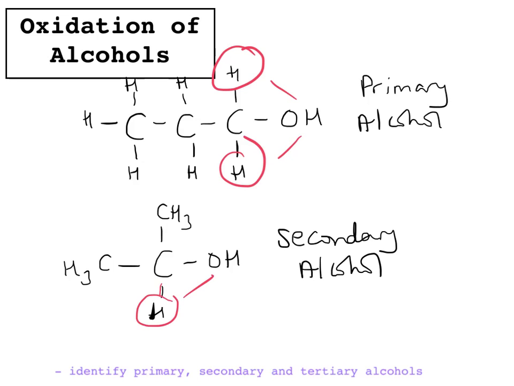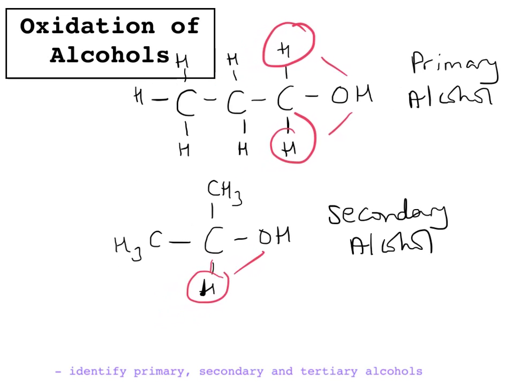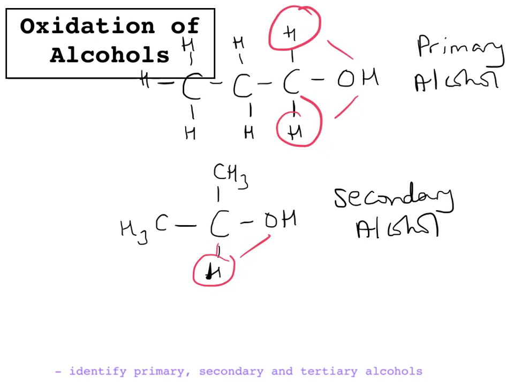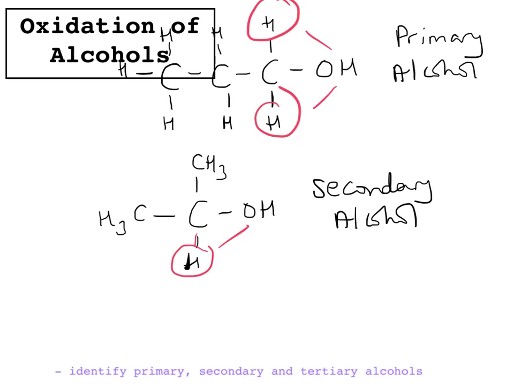Finally, you could get tertiary alcohols, and those alcohols are alcohols where you've got no H attached to the carbon that the OH is attached to. So a tertiary alcohol would be the following. So you've got OH and then CH3s all around the C where the OH is attached to.